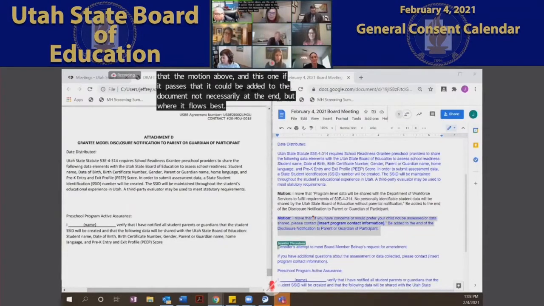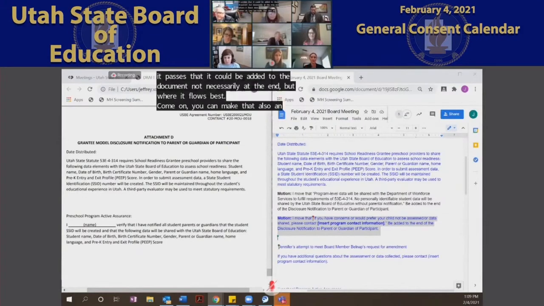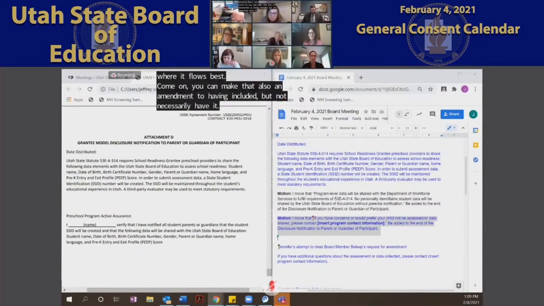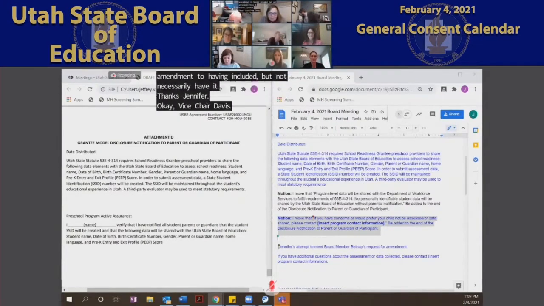Okay, Vice Chair Davis. Just a quick question, if someone could help me understand, if we add this, we're not contradicting the law that says this data has to be submitted. Am I right, or are we contradicting the law?